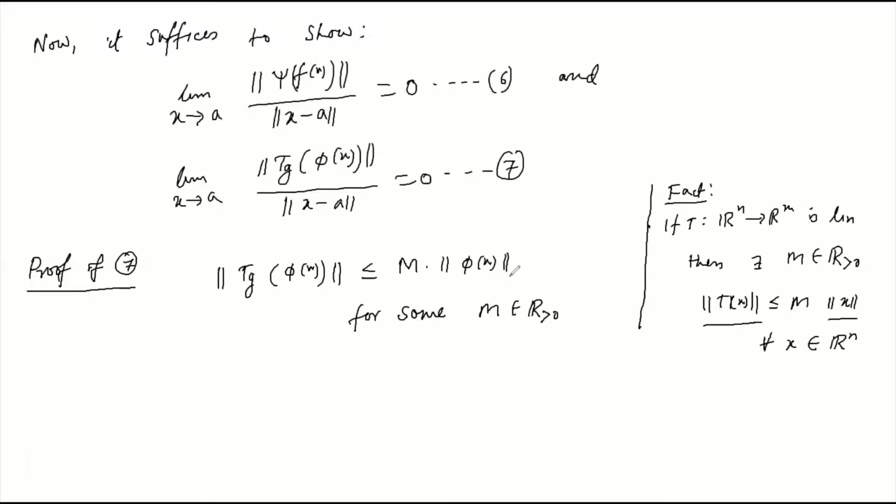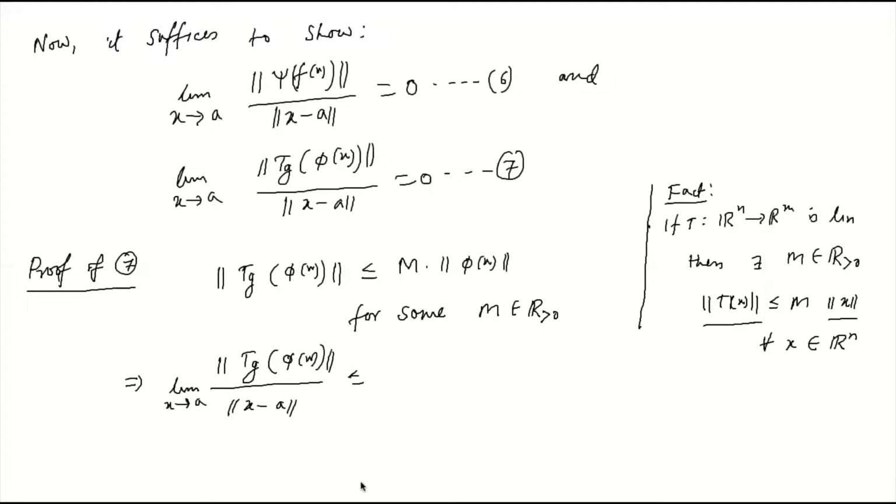Therefore, this implies norm of Tg phi of x over norm of x minus a, as x tends to a.